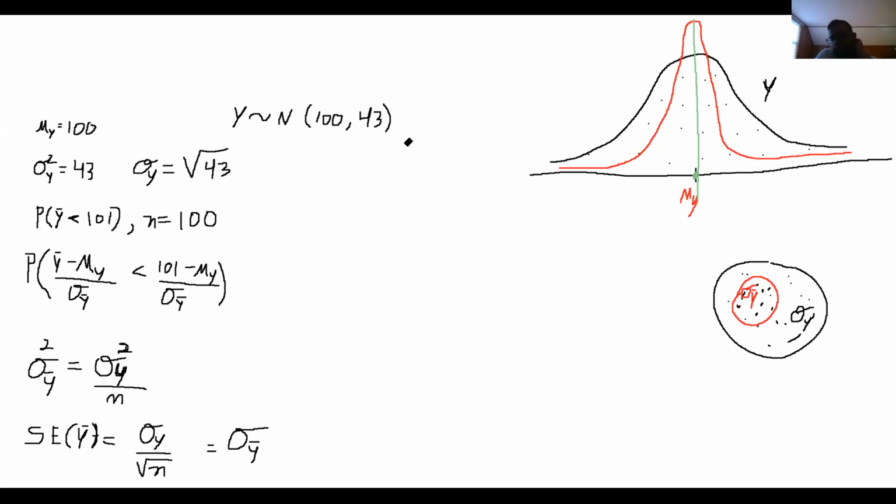Okay. Yeah, you can see it here. Don't think about the standard error. Let's keep it as a standard deviation. The standard error is like the standard deviation for the samples. They call it the standard error.